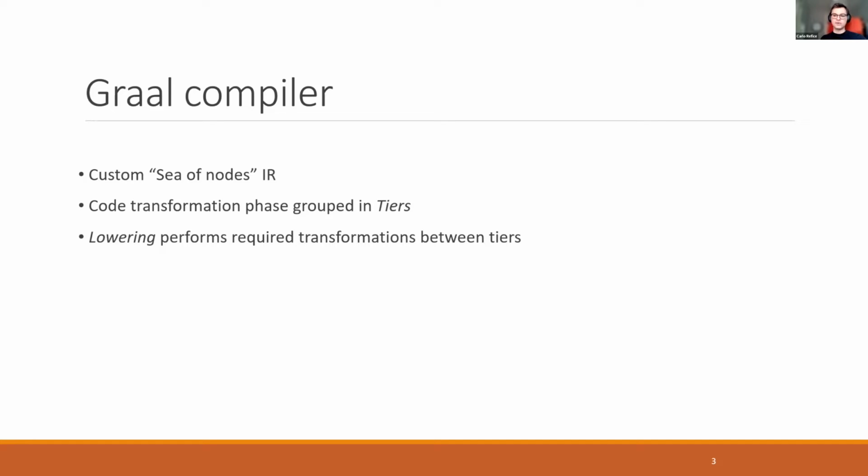And in lower tiers, we will have that broken up into, for example, an if statement and a deoptimization node that then will actually unwind the stack. These transformations are collectively known as lowering, and it is in general performed between each tier.